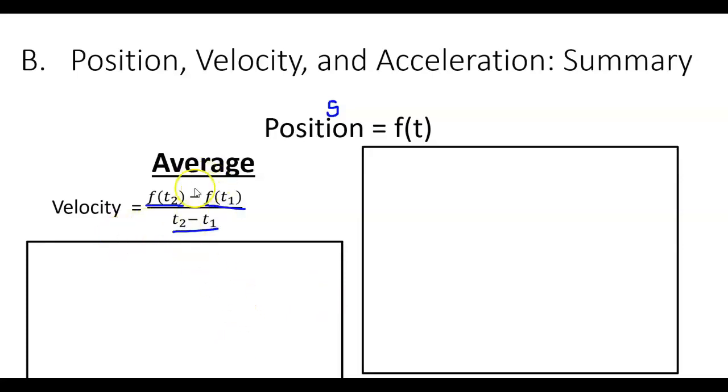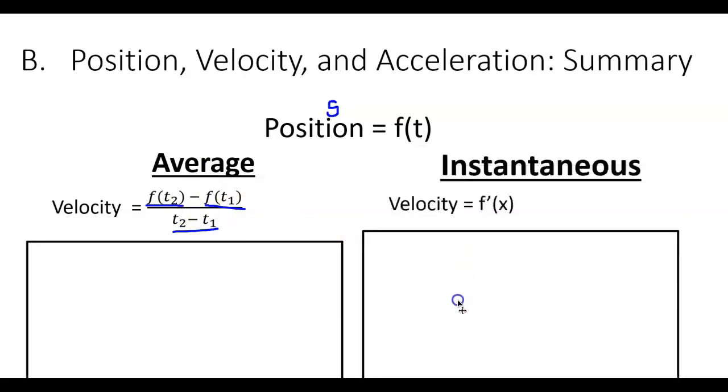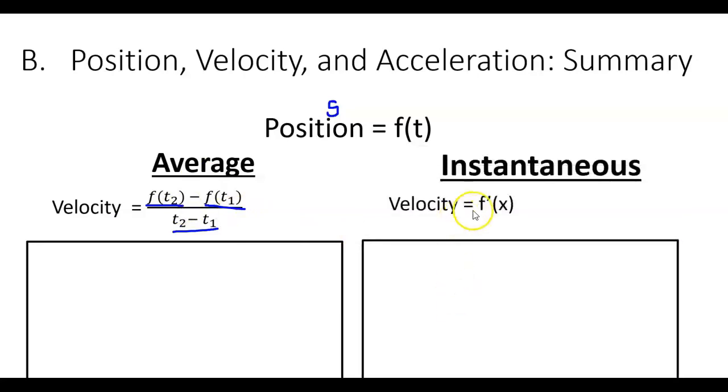But then we found that if we find the limit of that as the 2 times become 1, you end up with an instantaneous velocity, which is basically just the derivative of the position function. So that's all stuff that we've already learned there.